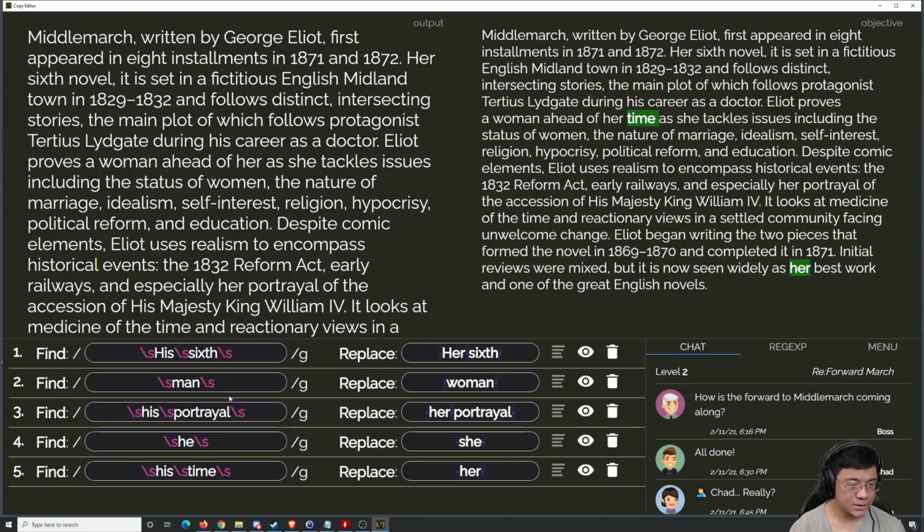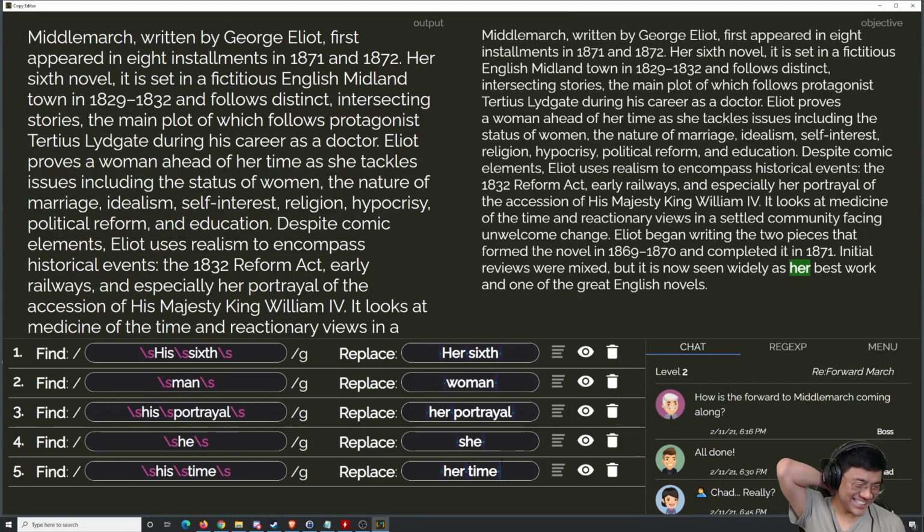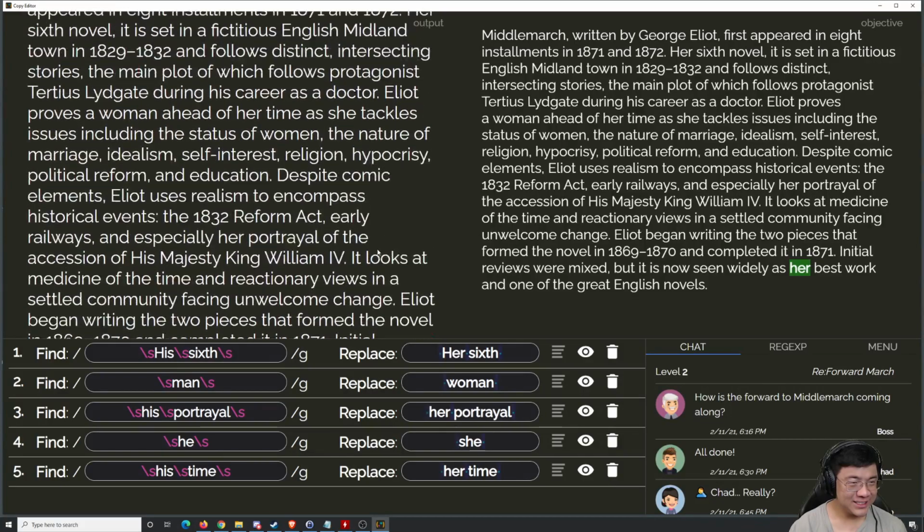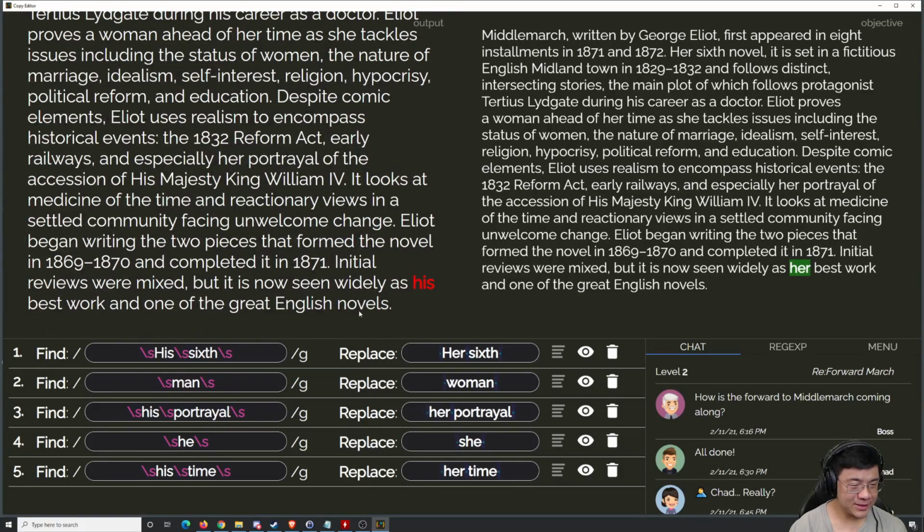So you're missing a "time." Yeah, it's right here. Okay, and then you're missing "her" somewhere at the bottom. Yeah, it's "his." Oh yeah, it says "his best work" instead of "her best work."